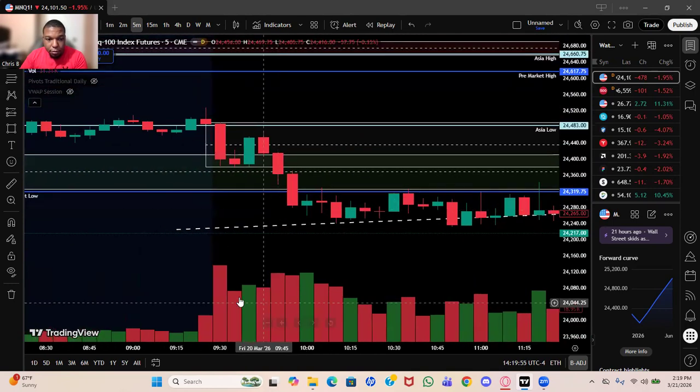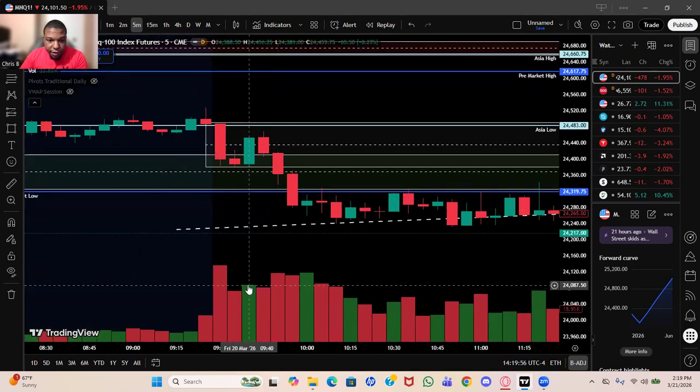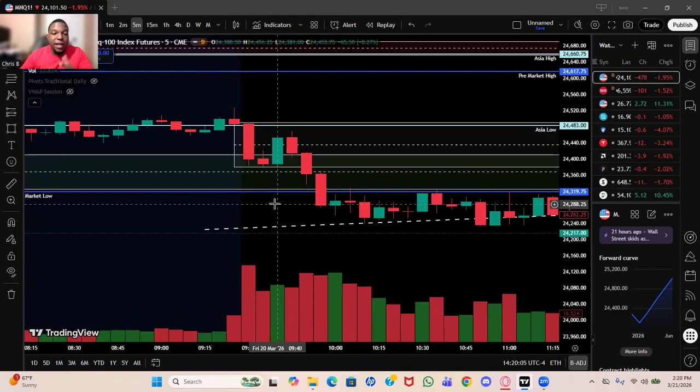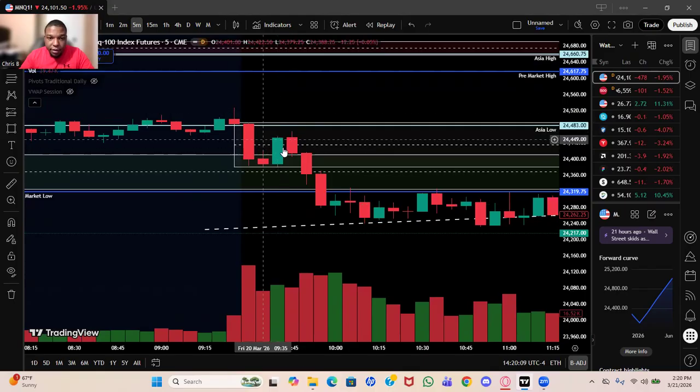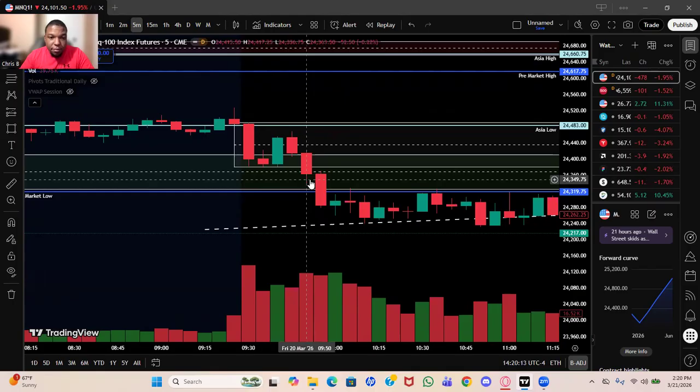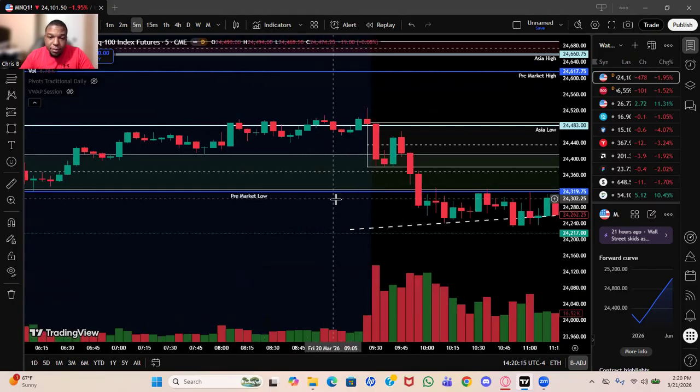Bulls tried right here. This amount of volume and this body, it matches. But am I bullish because of that? No, because my strategy waits for the breakout. You can get chopped up in here, trading inside the range. Even though price action did look good, the overall trend was bearish.